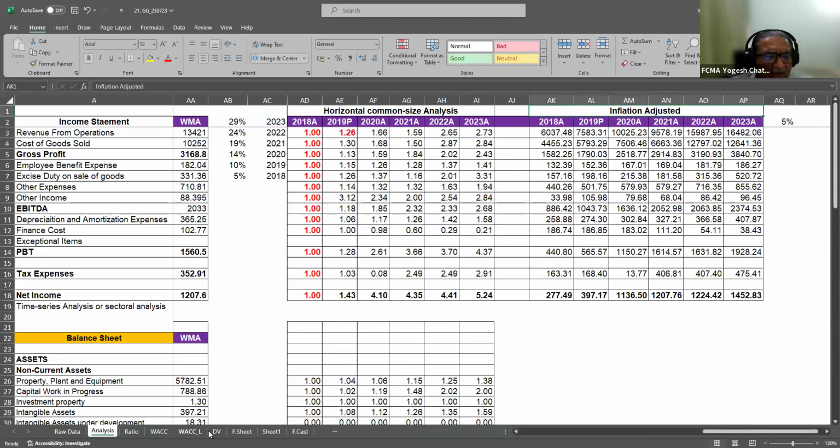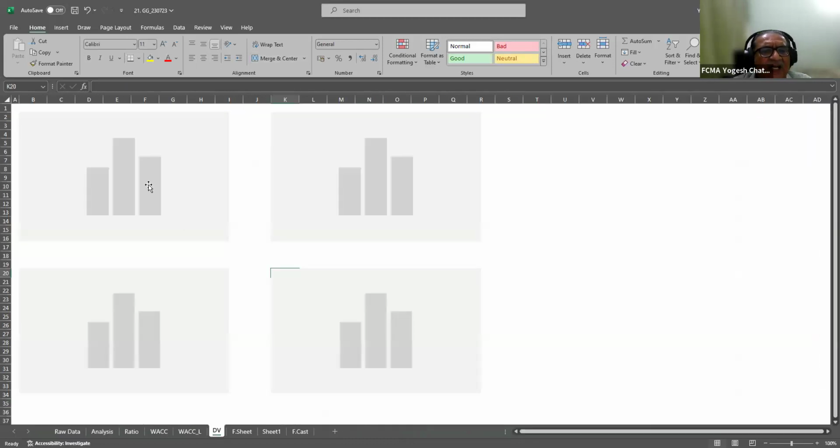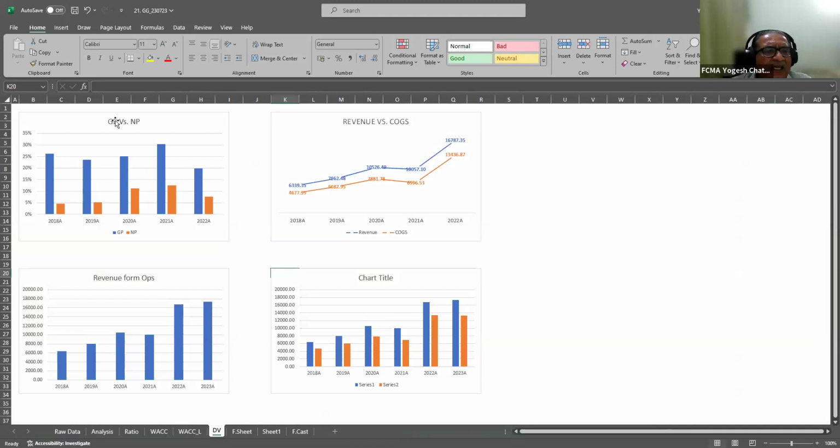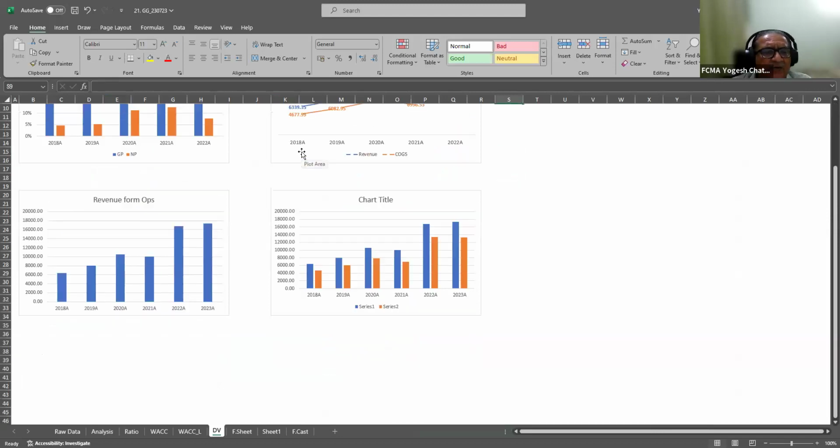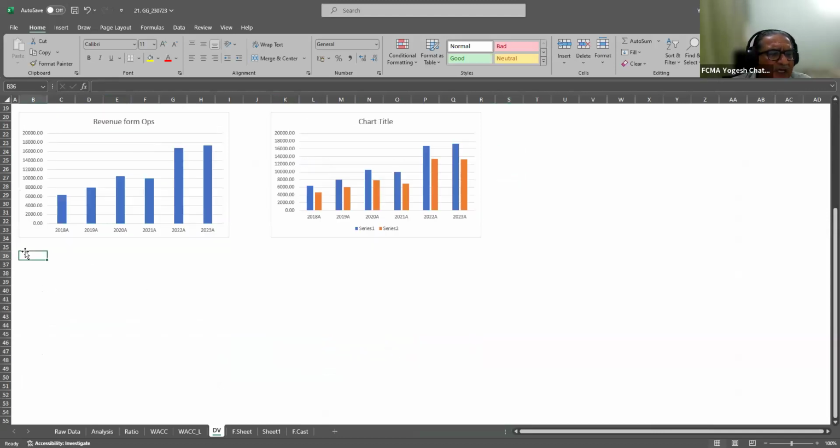Then we can have the data visualization in Excel. Actually, it is very convenient and comfortable to make as many charts as we need. You may all be familiar, but I will give you a demo of how to prepare a chart.